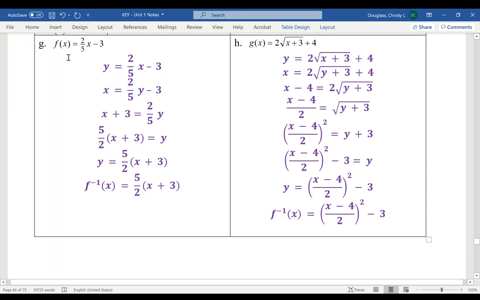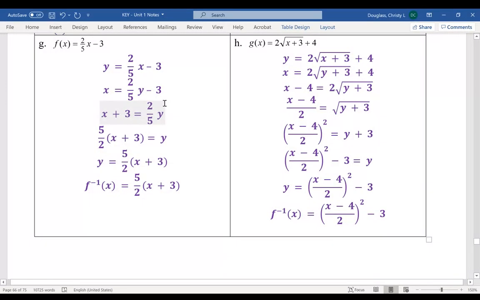For example G, I rewrote the function, but I put y instead of f of x. Then I switch x and y. Now the rest of this is solving for y. I want to get y by itself. My next step is to add 3 to both sides.